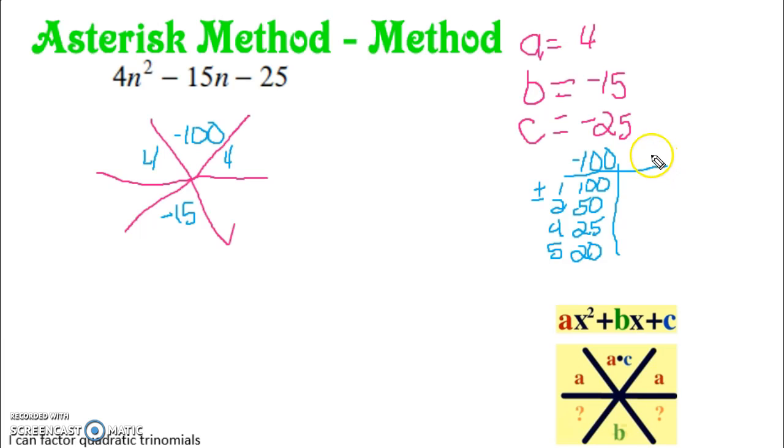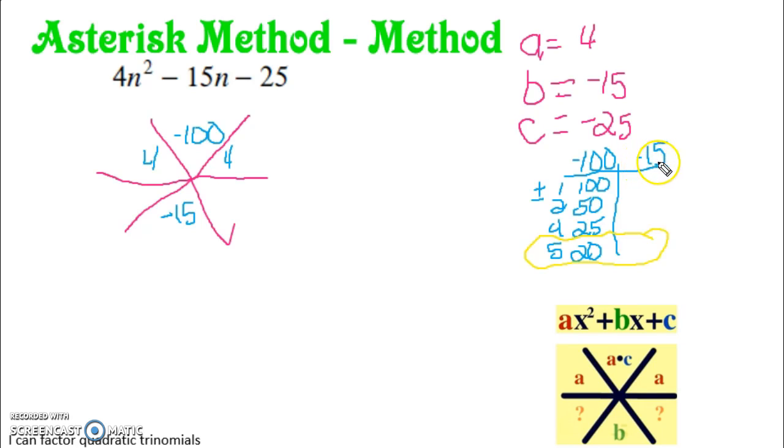So now that we have our factors, let's go to the second column, because in the second column we put our B. What's on the bottom? It's negative 15. Well, which set of factors can be combined together to get negative 15? You should already be able to see that it's going to be 5 and 20. We know that one's positive, one's negative.